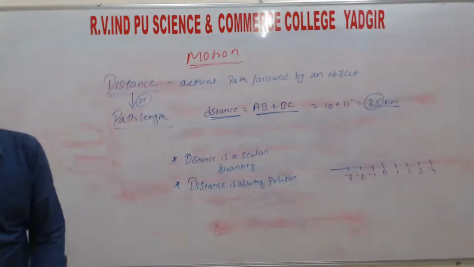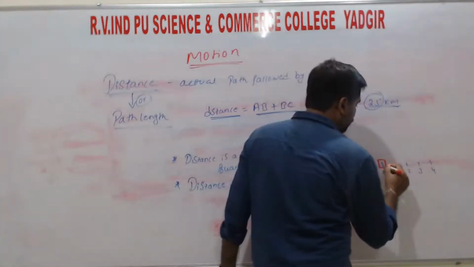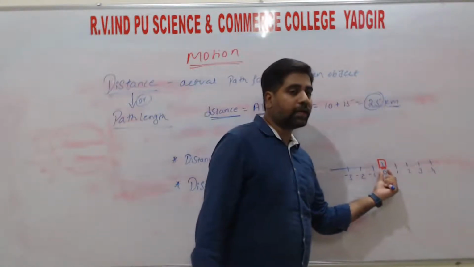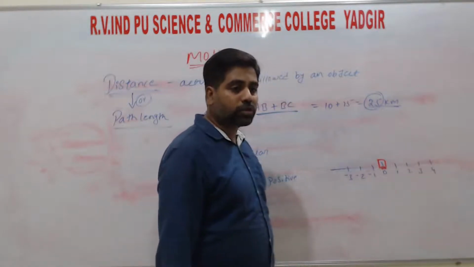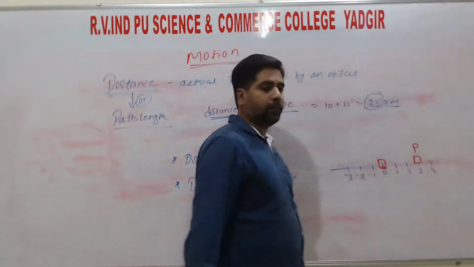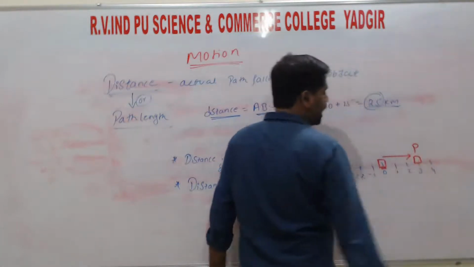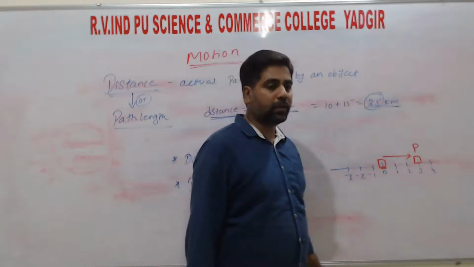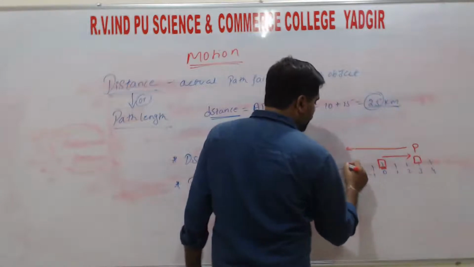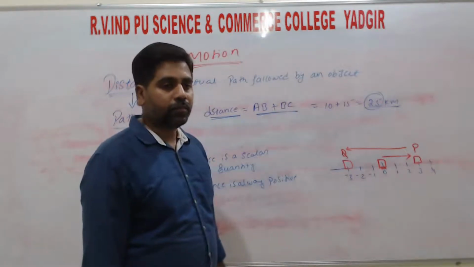So initially the object starts from O, right? If you consider this one as a vehicle, it starts from O, travels towards the positive x-axis, then reaches 3, that is point P, right? So first the vehicle travels from O to P, right? Next it returns back from P to somewhere here, that is Q, right?